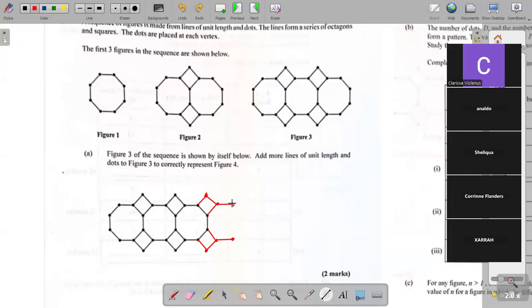Up? You sure? So this way or this way? Okay, so this way, right? And then this way. And then down. So are we done now?